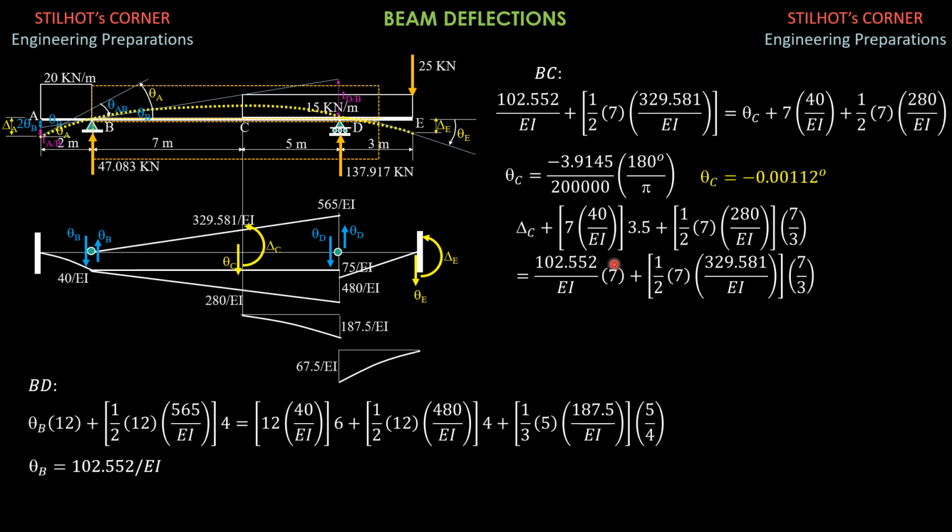So solving for delta C is 142.776 over EI, and for EI just put 200 to convert that to mm automatically. So delta C is 0.7139. So that's it for this video.